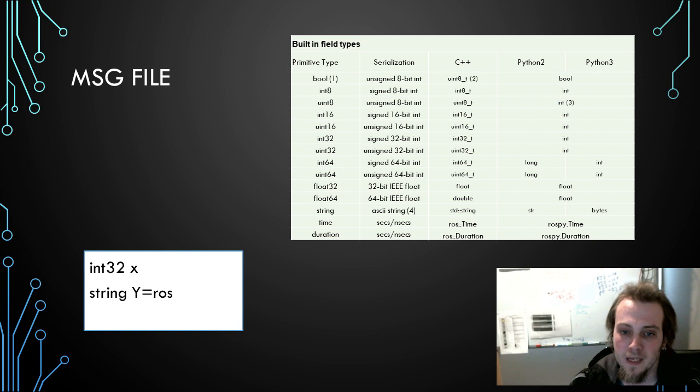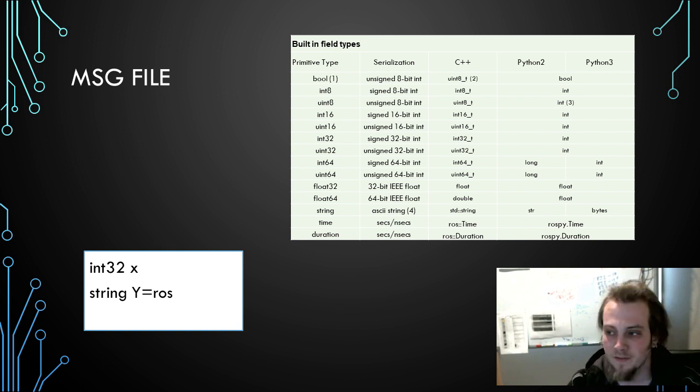They can also be another message description, arrays, or a special header type. The special header type just includes the sequence ID and the time, which can be very helpful with your message communication. Now, constants need a field type and also a value. Okay, so you need to give your constants a value.